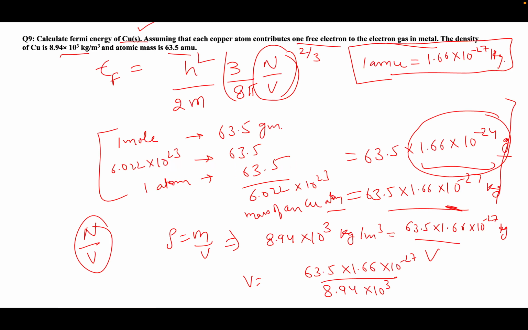They are not giving 1 mole or anything like that, so we need to calculate it for 1 particle only. For 1 particle, N by V is the volume for 1 particle.